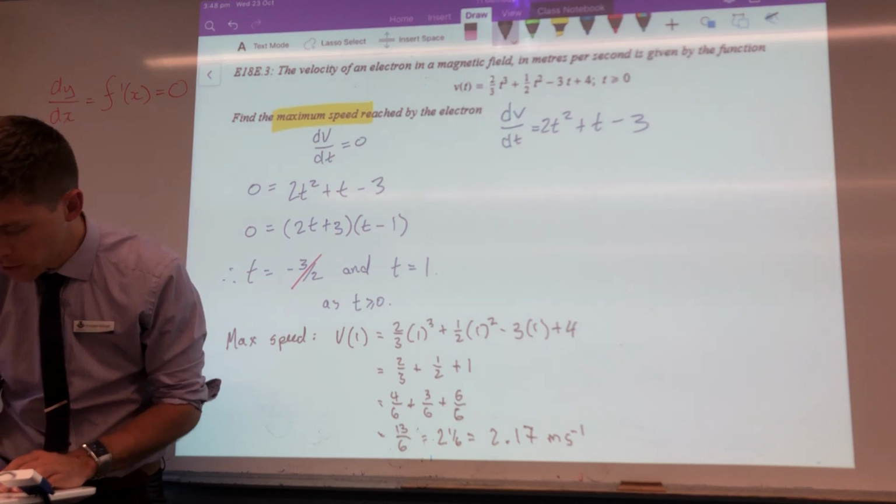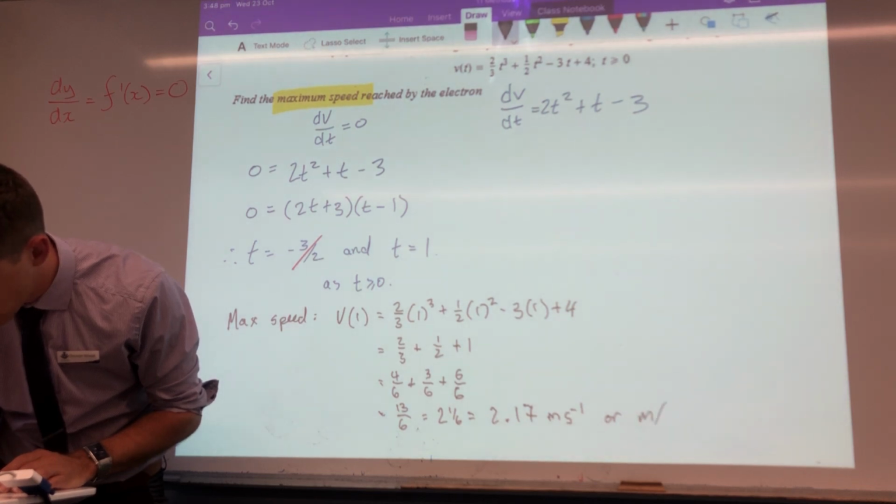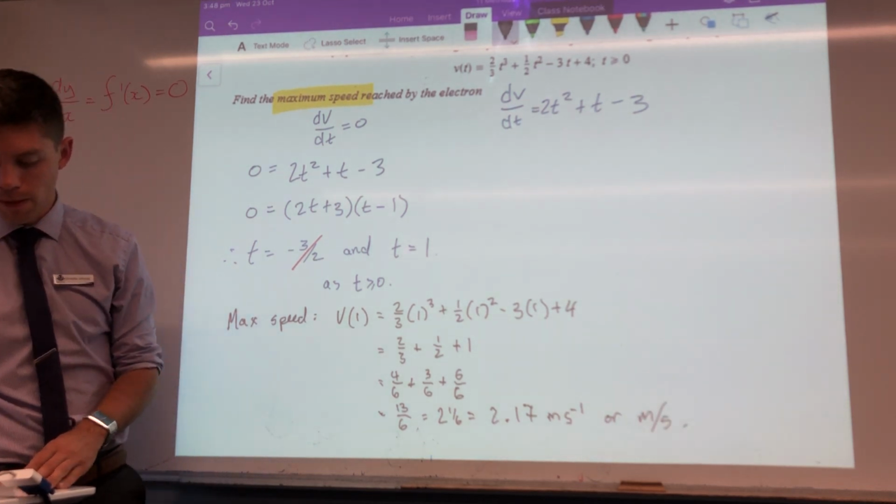In physics terminology, meters per second.